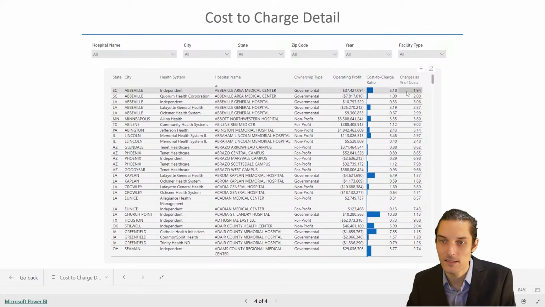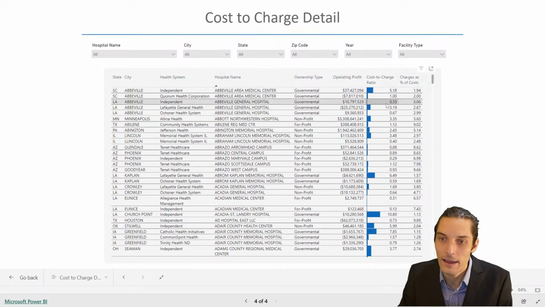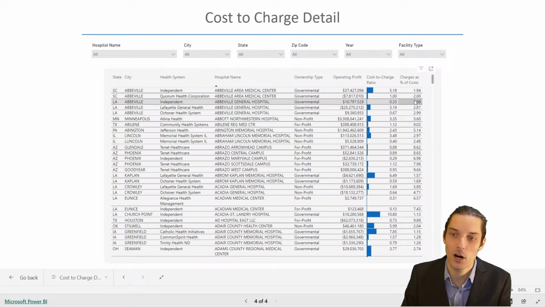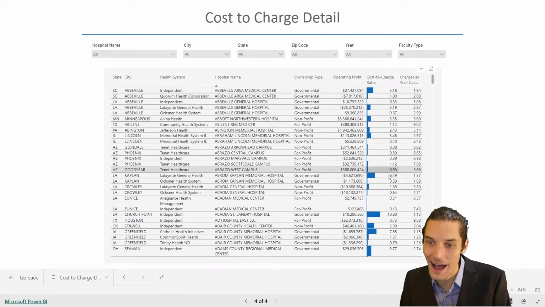In this case, your charges as percent of costs are what you're charging over your costs. So it's the inverse of your cost to charge ratio. If your cost to charge ratio is low, then you would expect your charges as a percentage of cost to be the inverse of that, or very high.